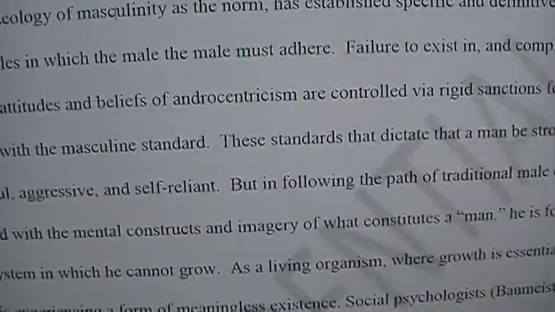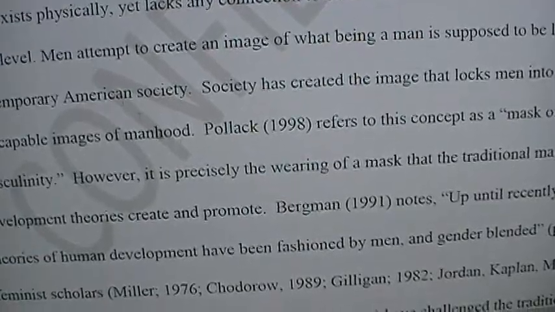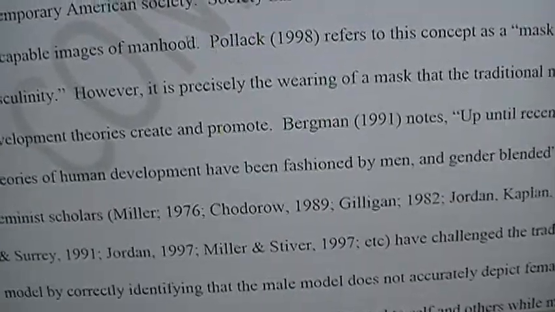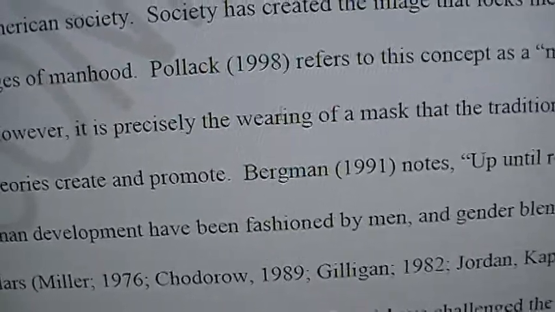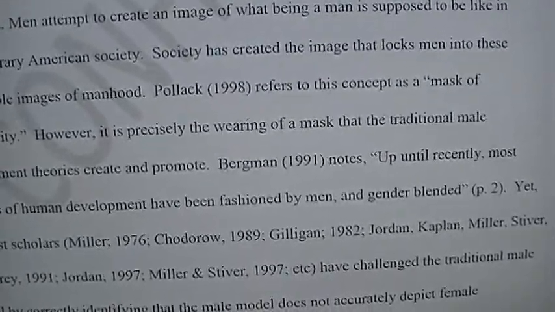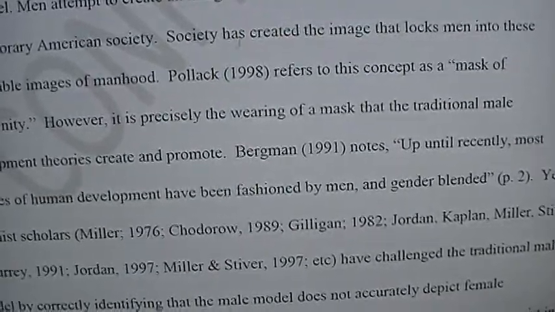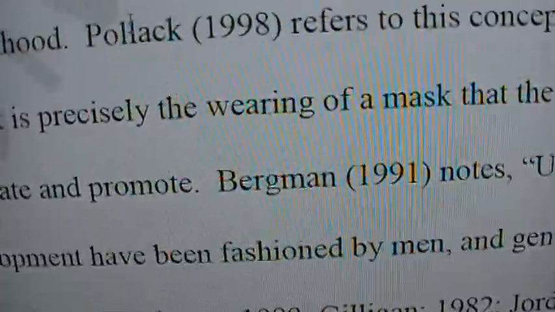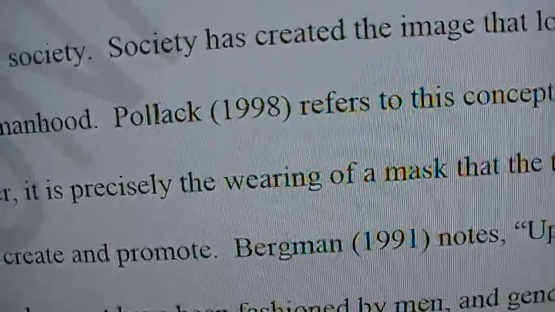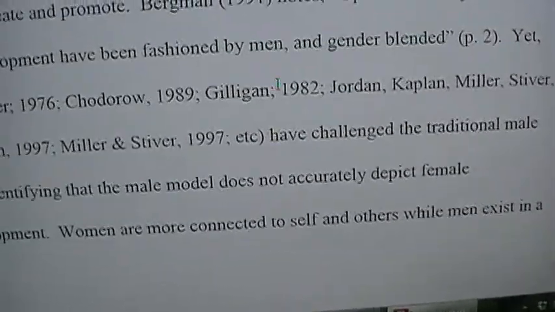What I do is lay out my opinion wrapped around the theory and theorists that help form my statement. So again, here's an example where I'm referencing another researcher, Pollock in '98, Bergman in '91.